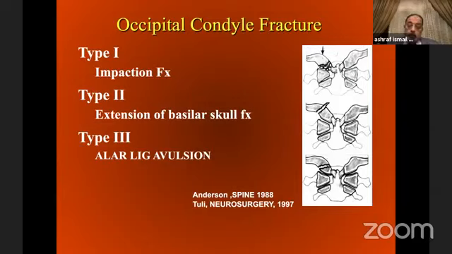Type 2 is an extension of the basilar skull fracture, the base of the skull, extending to the supracondylar part of the occiput. And type 3 is an avulsion fracture of the alar ligament, which connects the side of the tip of the odontoid to the margin of the foramen magnum.